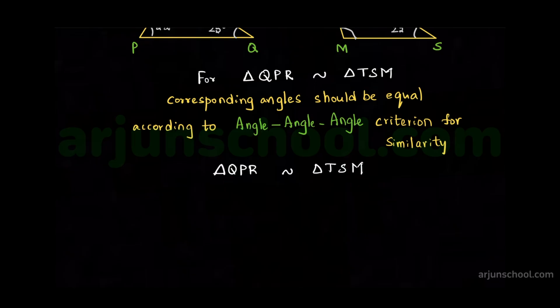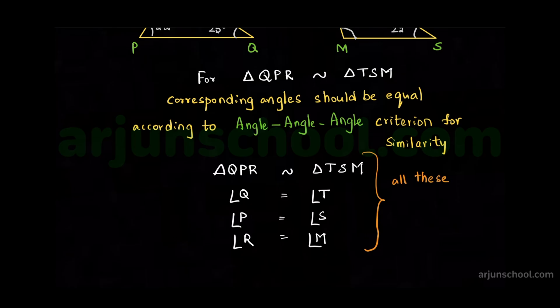The corresponding angles should be equal, which means angle Q should be equal to angle T, angle P should be equal to angle S, and angle R should be equal to angle M. All these three conditions should be satisfied for triangle QPR to be similar to triangle TSM.